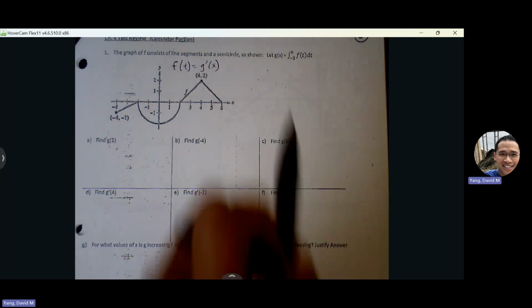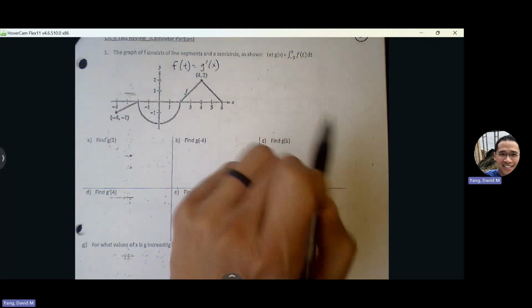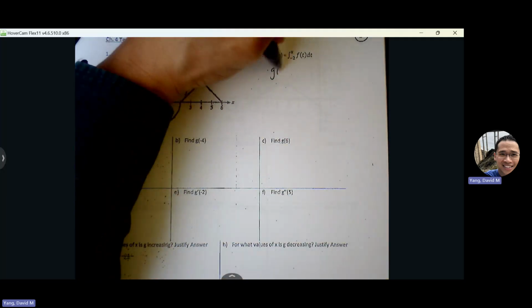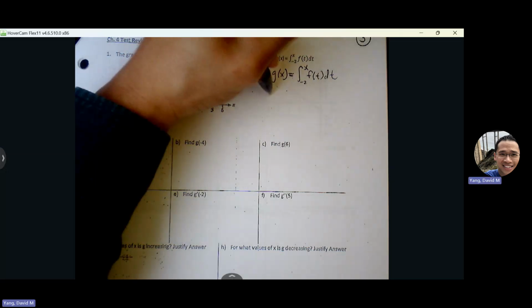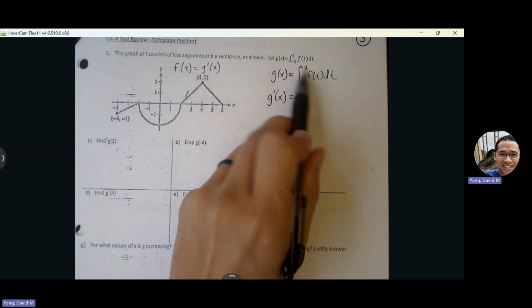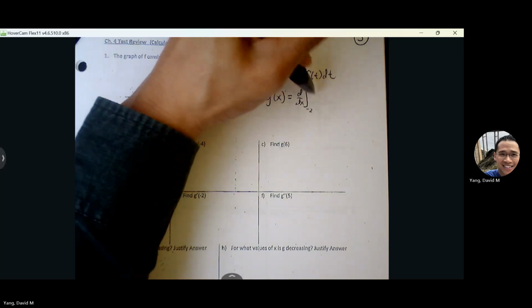But let's build all the relationships that we need in front of us, right? So g of x is just the area under my f of t graph. I know therefore g prime must be the derivative of this mess, which the second theorem will just tell us a bunch of stuff cancels out and the x gets plugged in for f. So I know that my g prime is just at the f level.